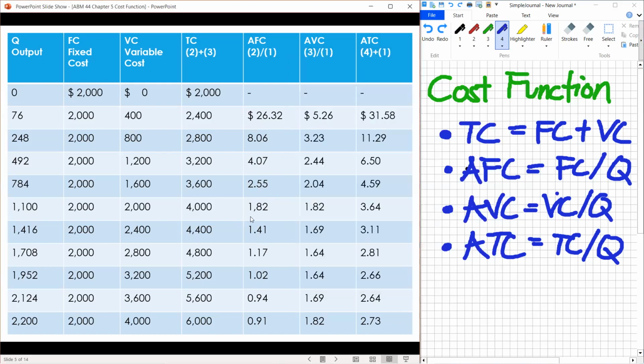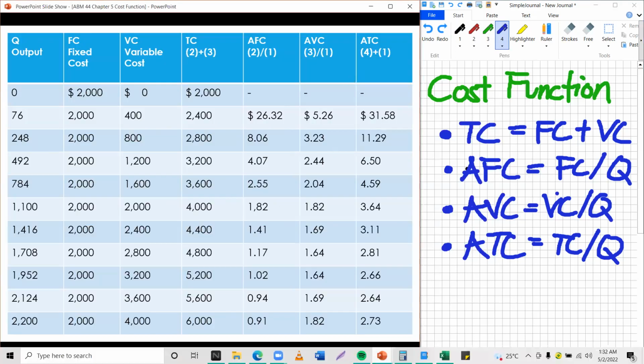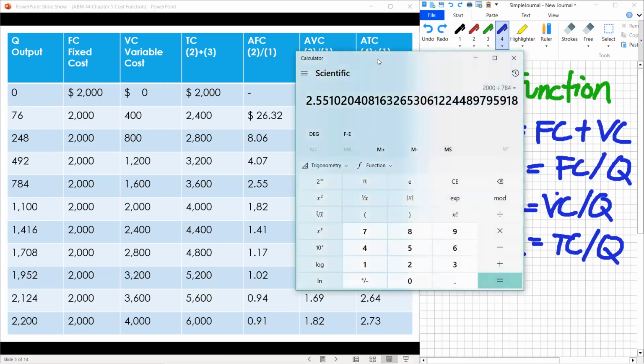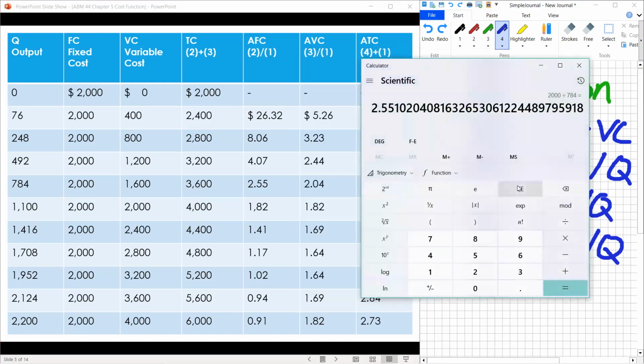So let's continue. How about average variable cost? How do we solve this one? To derive our average variable cost, it is as simple as the word itself: average variable cost. You divide the variable cost by the output.